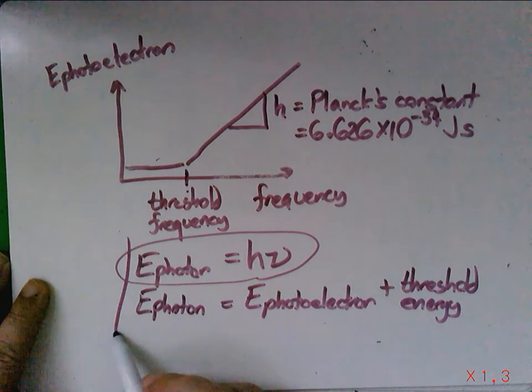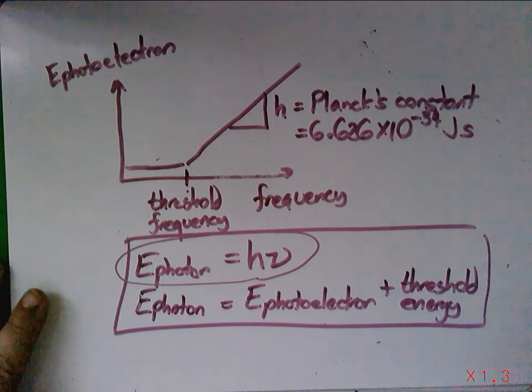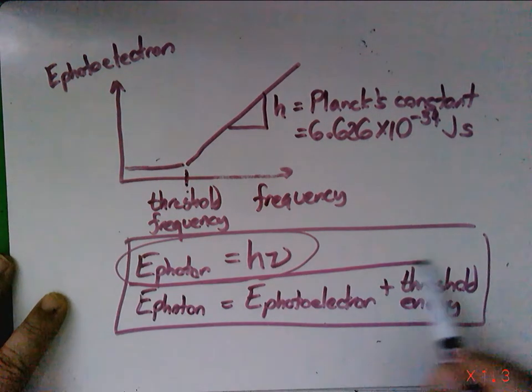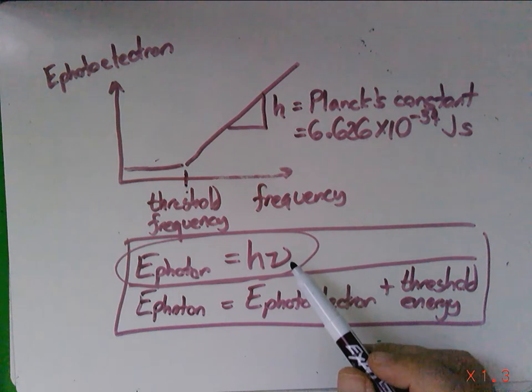Now, these two equations are the key to understanding this experiment. The first equation is the most important one. This one holds in general. It lets us calculate the photon energy from the frequency, and it's important to the idea of quantum mechanics. Quantum mechanics says things act like waves sometimes and particles other times.